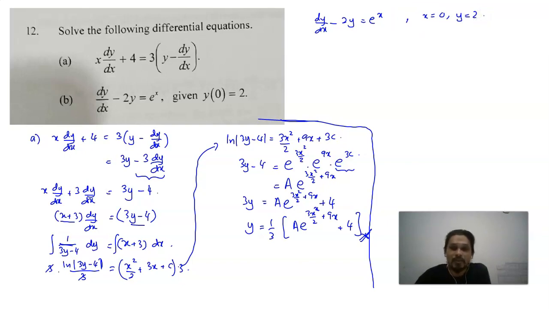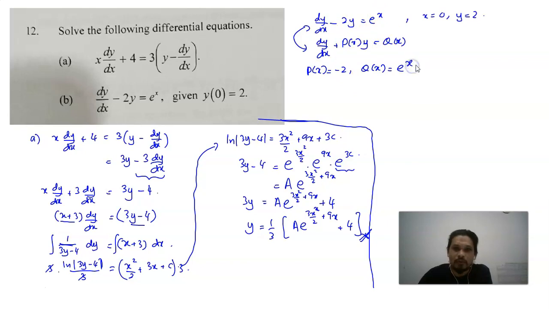So then class, for this question, it's clear that we are going to solve it using an integrating factor, because this is in the form of dy dx plus px times y equal to qx. So if we compare between these two, then px equal to negative 2 and qx equal to e to the power of x.